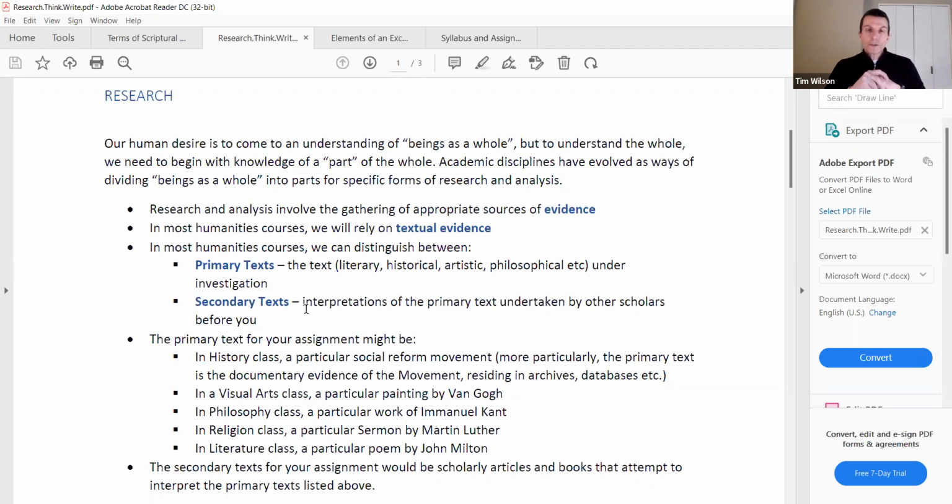But there's also the aspect that this is not just for researching English papers or something like that, right? These approaches are generally applicable to university level research assignments in most disciplines.